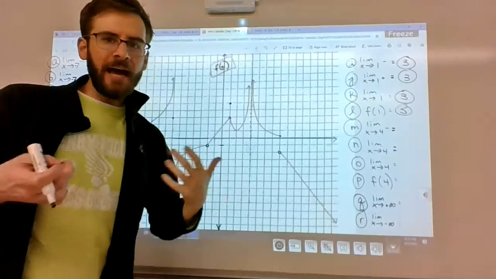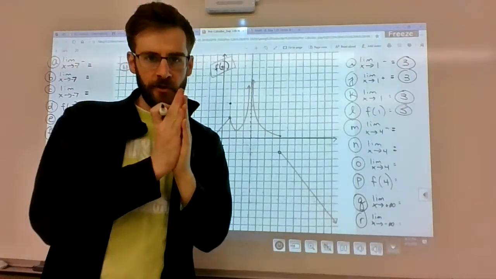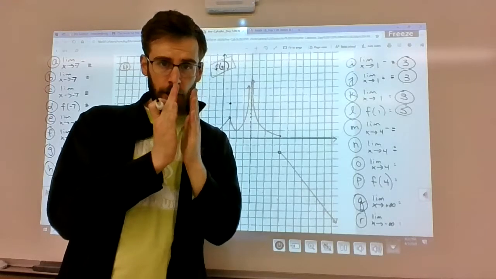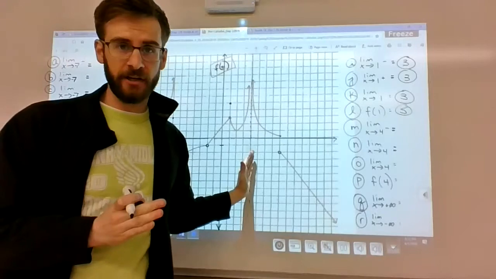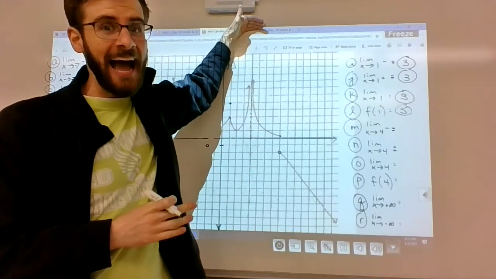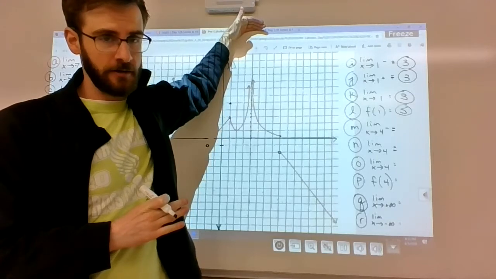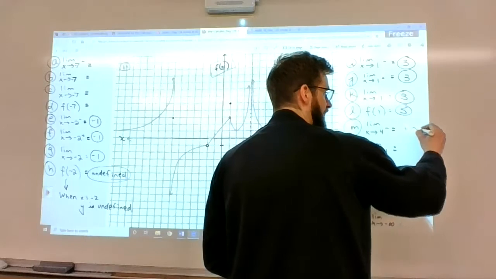So how do we describe it when you're getting ever closer to x equals 4, but you never actually cross? Well, you keep getting larger and larger. You get astronomically larger. You get infinitely larger. So you're just going to say that from the left, it's positive infinity.